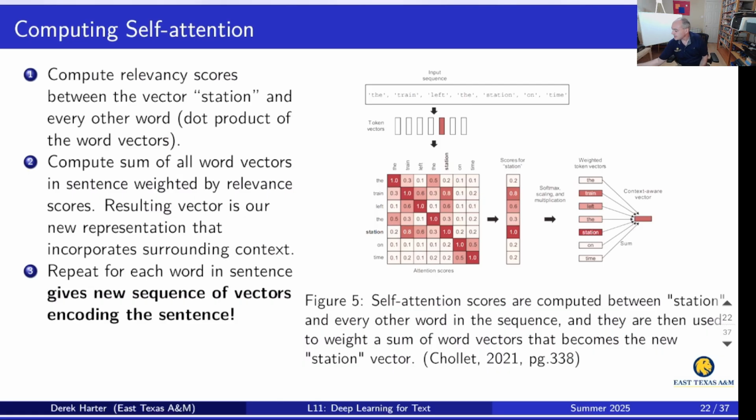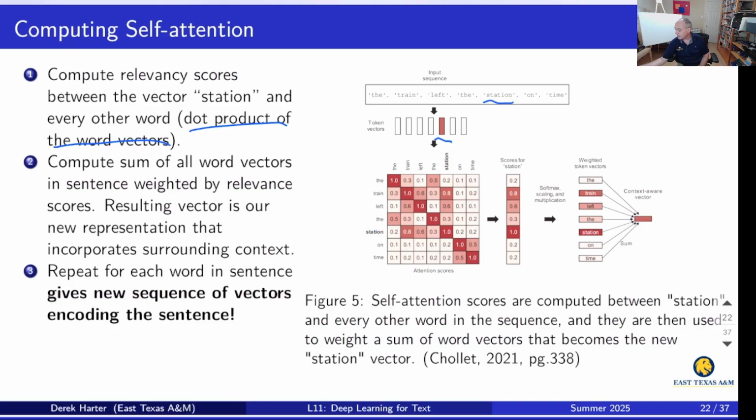We're just focusing on the word station here. We would do this for every word in the sentence, but the first step is we need to compute a relevancy score between the vector for station and every other vector in the sentence. We'll go into more detail on how you compute that in a bit, but basically, it's just the dot product of our word vector for station and all the other vectors.